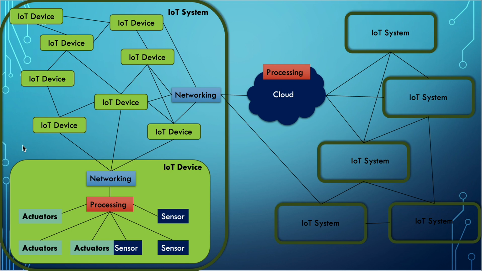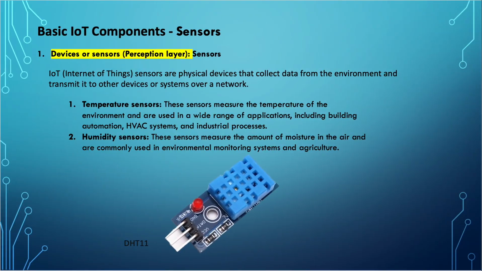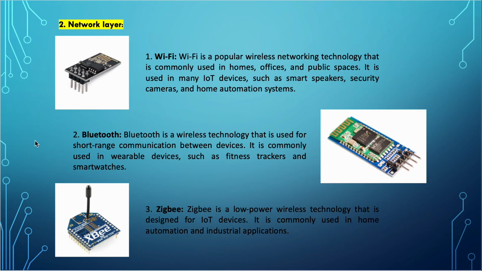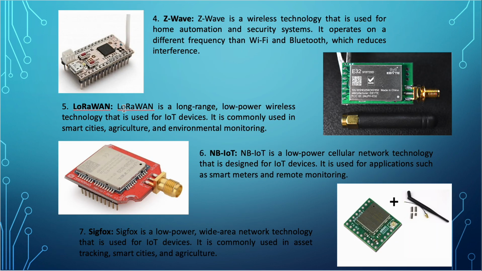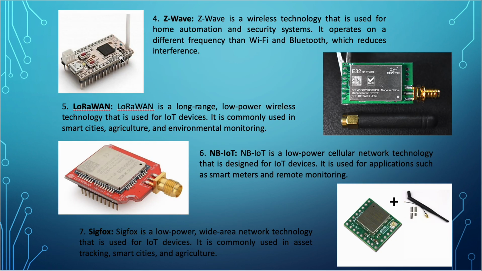Now here we talked about network systems, right? When we talked about networking, we talked about different networks. Wi-Fi and Bluetooth are common things, but we also talked about networks which are dedicated to IoT devices itself. We talked about Zigbee, Z-Wave, Sigfox, long range WAN connections, right?